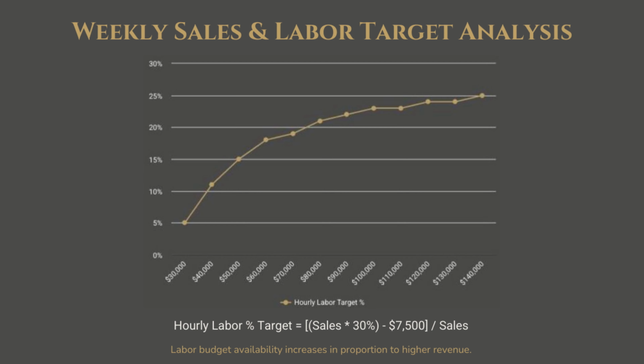At lower sales volumes, managers must run leaner hourly labor percentages to stay within target. As sales grow, the operation gains more flexibility in staffing because the fixed costs make up a smaller percentage of total sales. The key takeaway is that labor management should always be based on current sales volume, not just schedules created earlier in the week. Strong managers continuously adjust staffing throughout the shift to balance service standards with labor efficiency.